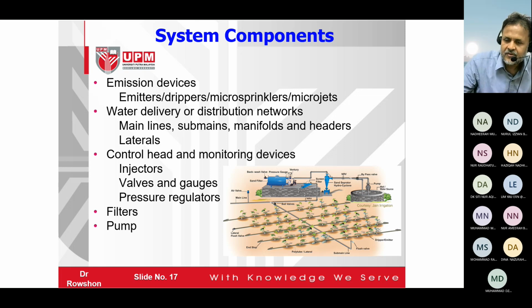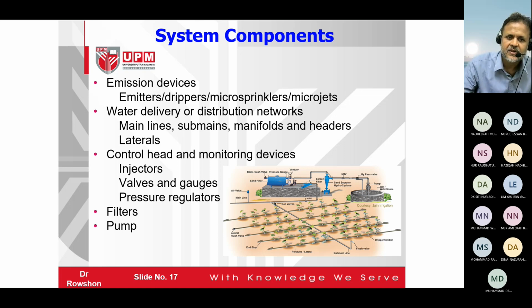The emitter device looks something like this. There are different shapes. Once it is connected to the lateral like this, water comes and drops here, and it irrigates.